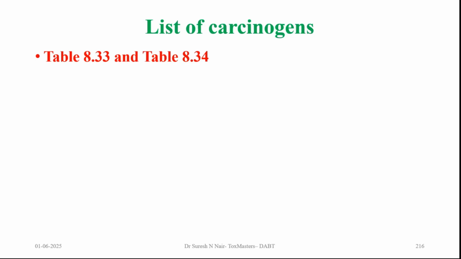Every important point in the textbook is given in my slides also. Maybe it's a little exhaustive, with some 250 to 270 slides, but still without reading the textbook you can understand everything. Whatever is given in the textbook, plus some things which will help you understand it, is included in my presentation.